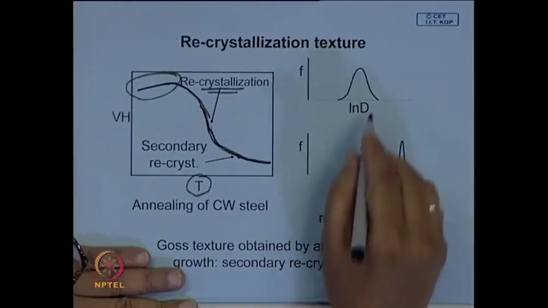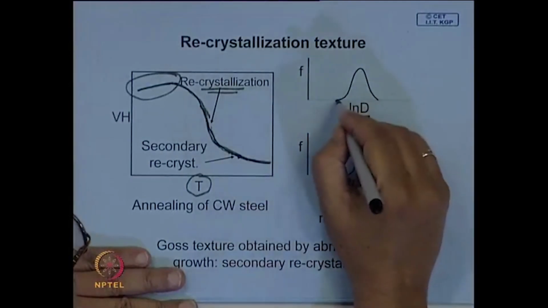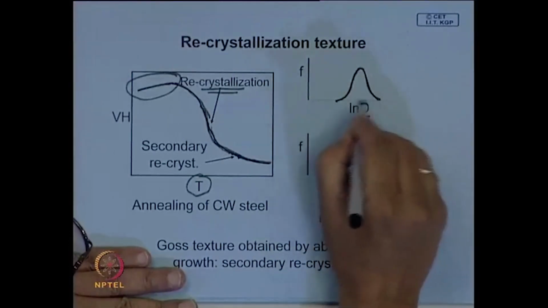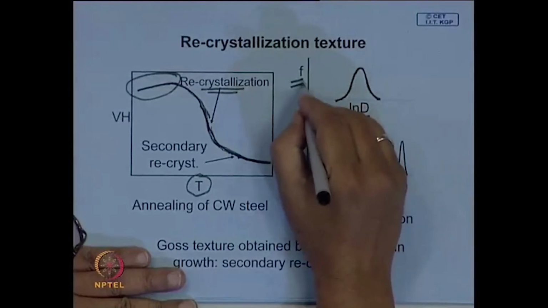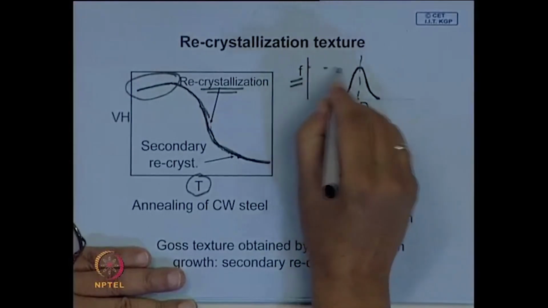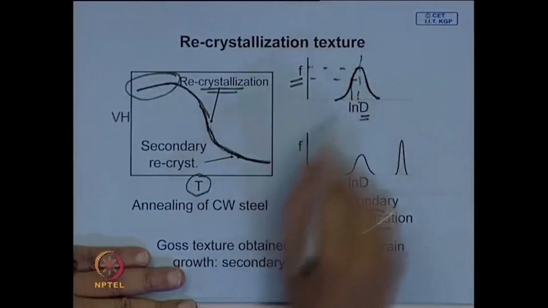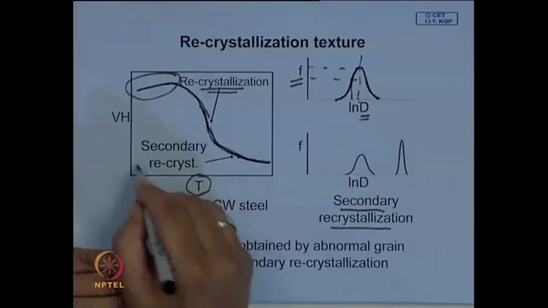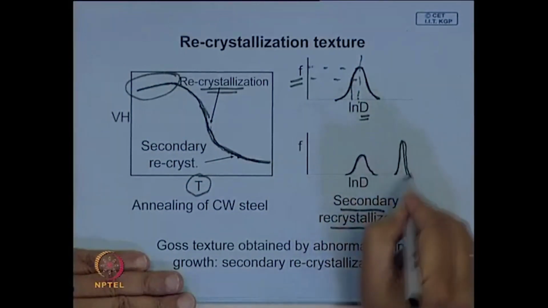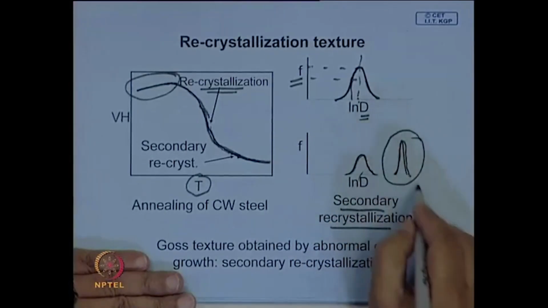During that time, this will be the initial grain size distribution, where D is the grain diameter. Usually the grain size distribution in an annealed structure is log normal. This is the frequency, so many grains have this diameter, so many grains have that diameter. When secondary recrystallization sets in, suddenly you find a bimodal distribution, and towards the end this finally disappears and you have large grains.